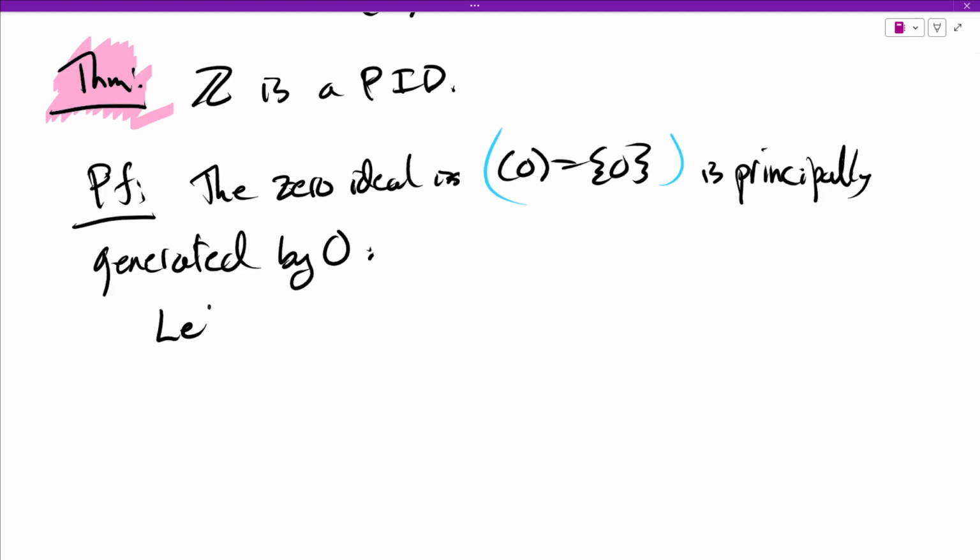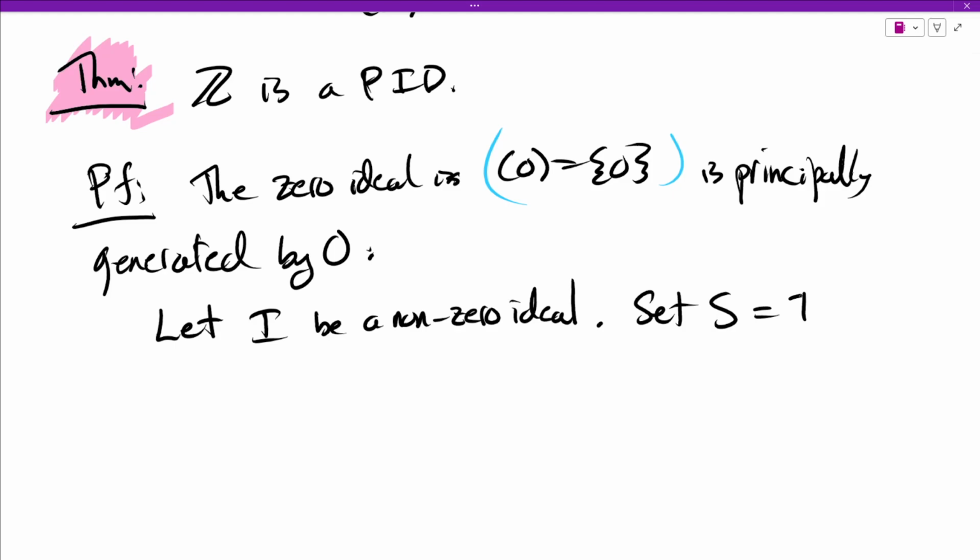Let's consider I to be a non-zero ideal, and let's set S to be I intersect the natural numbers.